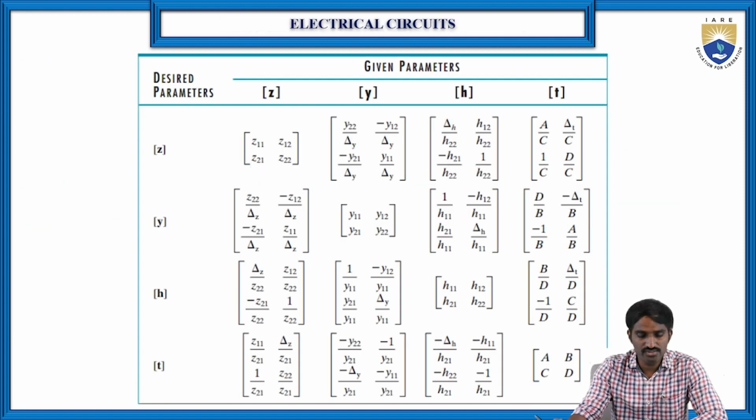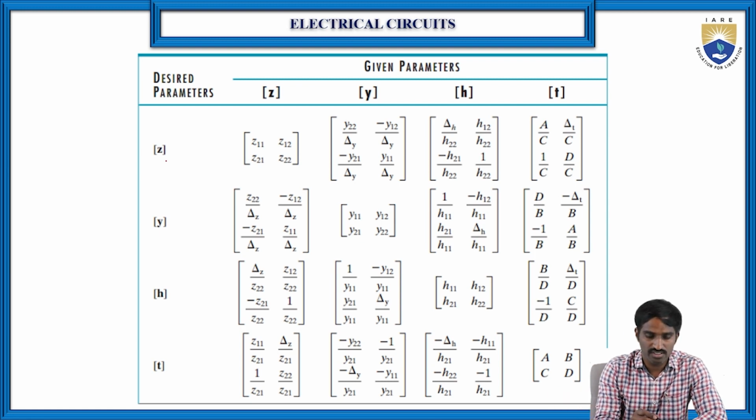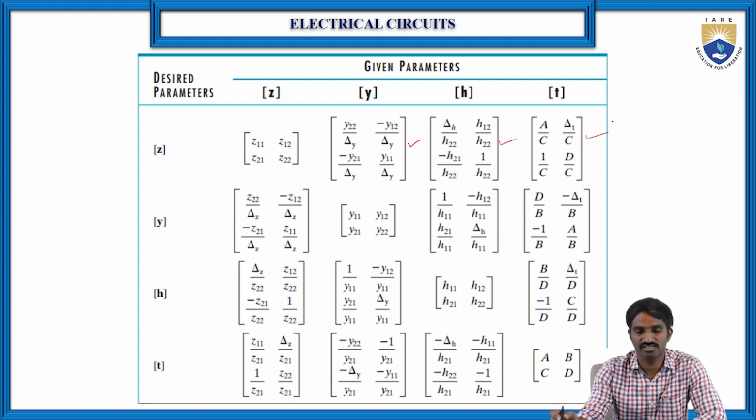Then by using this matrix, it is very easy to remember all the interrelations between the various parameters. So as you can see, this is Z parameters, and Z and Y this matrix represents, Z and H this matrix represents, and Z and T this matrix represents.